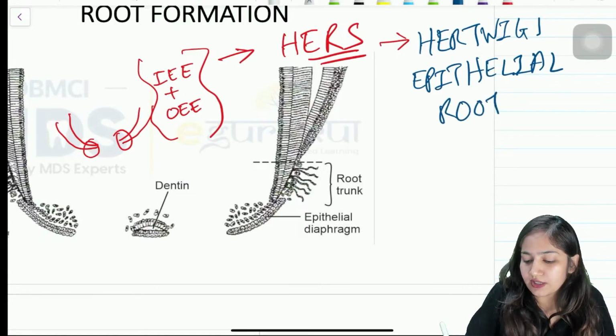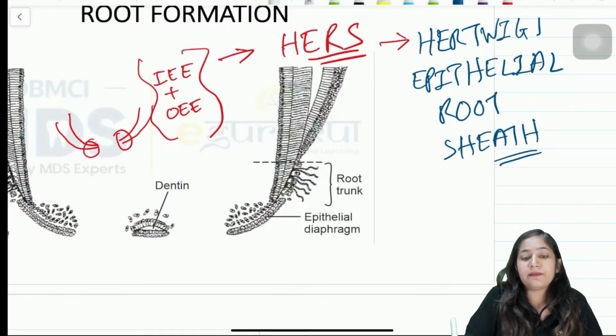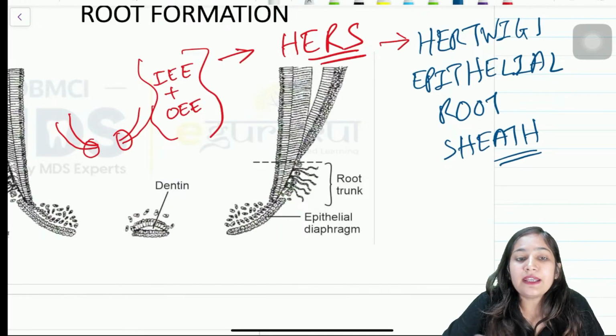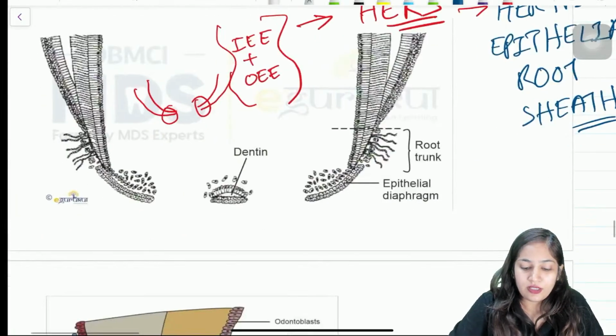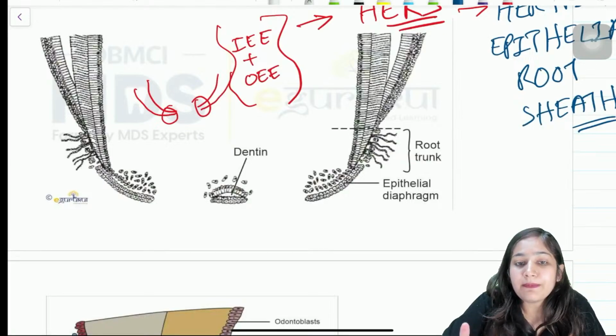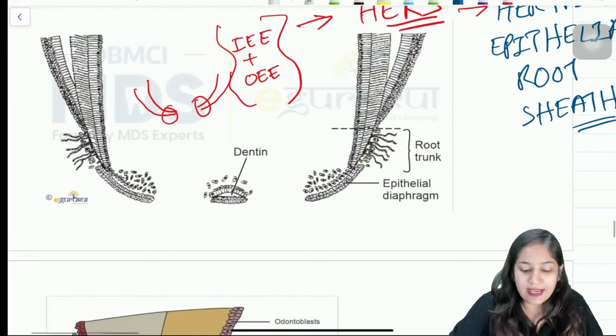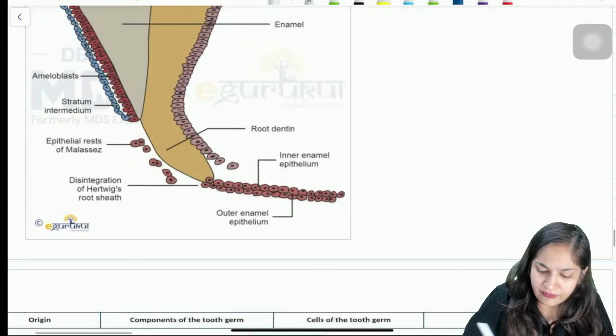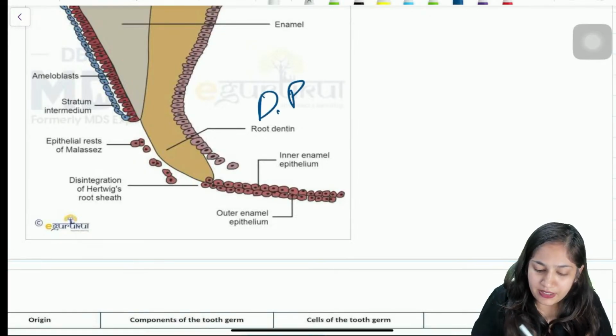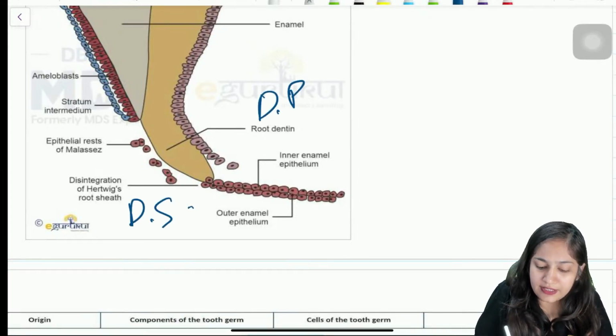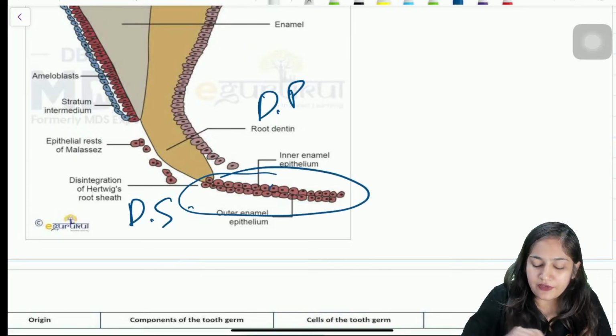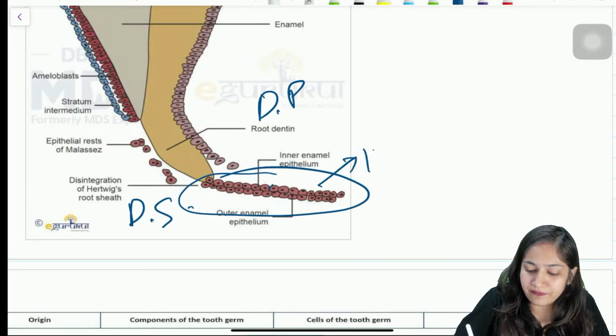This Hertwig's epithelial root sheet mainly determines the shape, number and size of roots. It separates the dental papilla from the dental sac. Here you can see, this is our dental papilla here, and here there will be dental sac, and this is our Hertwig's epithelial root sheet.